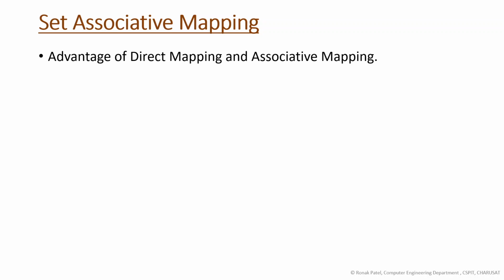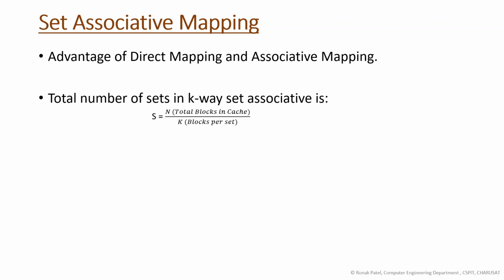In our example we had only 4 cache blocks, but assume a larger cache with 32 or 64 blocks, then you need to search each and every block. For that you require hardware. So set associative mapping is a combination of direct mapping and associative mapping.